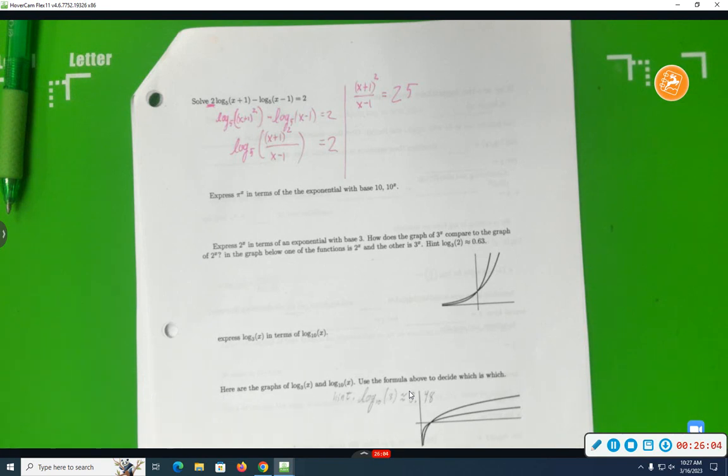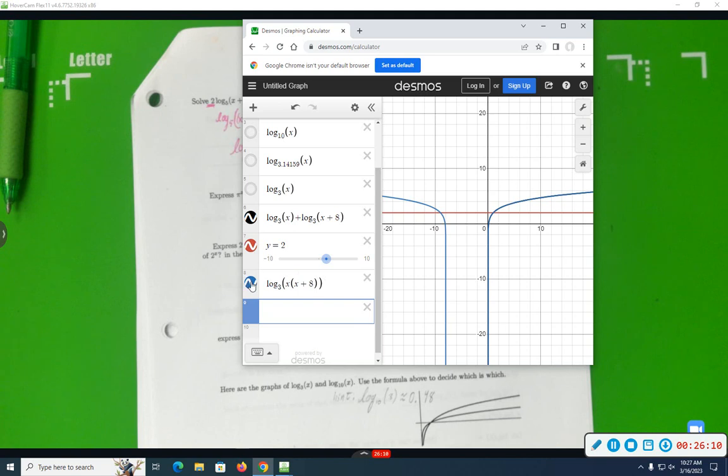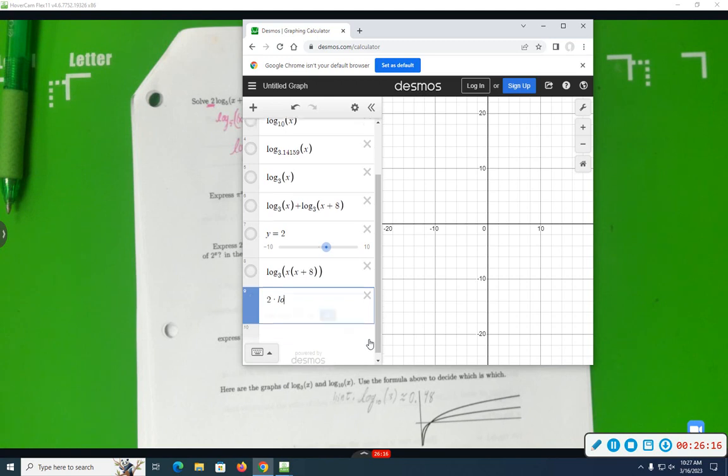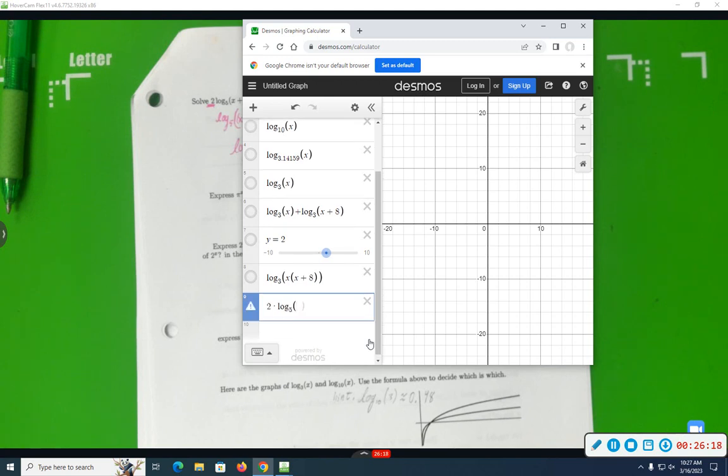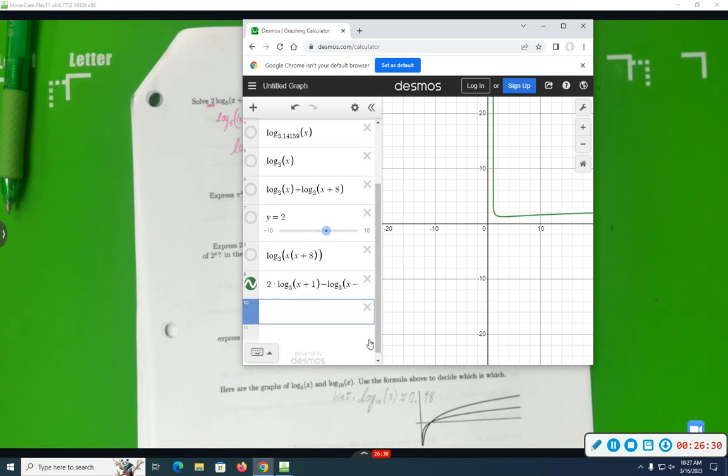Let's do it by looking at a graph. 2 times log base 5 of x plus 1 minus log base 5 of x minus 1. I would like to know, when is that equal to 2?